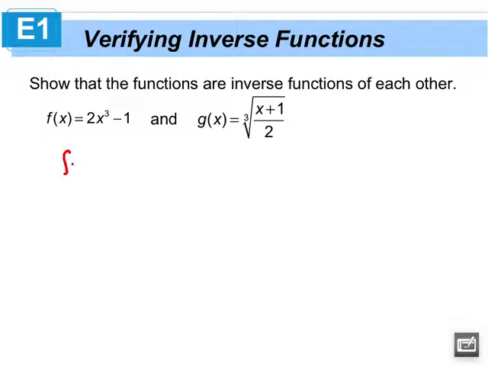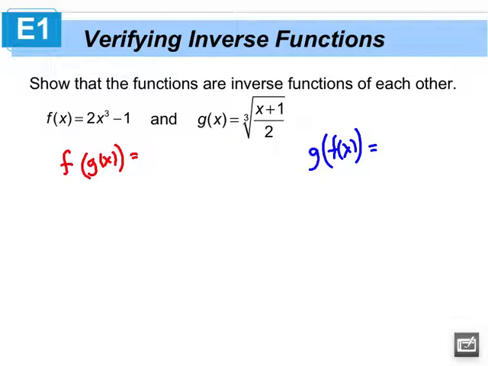So I need to find first what's f of g of x. And then over here, I need to find g of f of x. And these puppies will be inverses of each other if they turn out to be both equal to x.